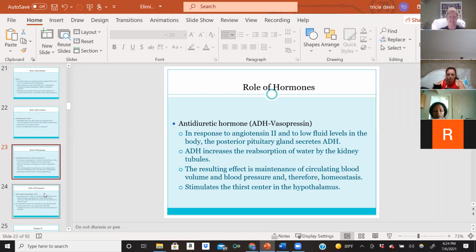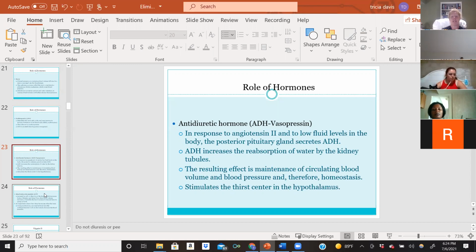We also have ADH, which is antidiuretic hormone, also known as vasopressin. In response to angiotensin II and to low fluid levels in the body, the posterior pituitary gland is going to secrete ADH. ADH increases the resorption of water by the kidney tubules. The resulting effect is that we maintain an adequate circulating blood volume and blood pressure, which means we will have homeostasis in our body.